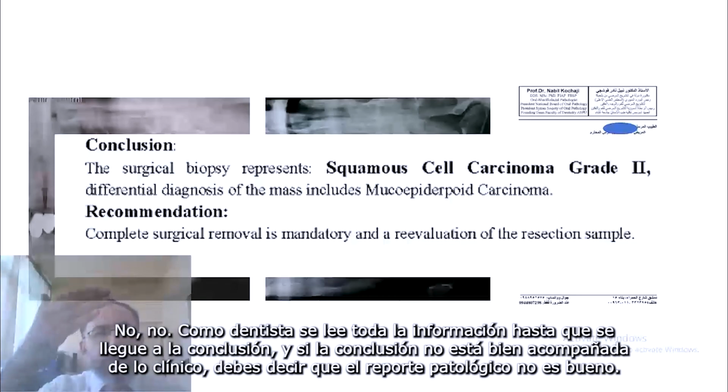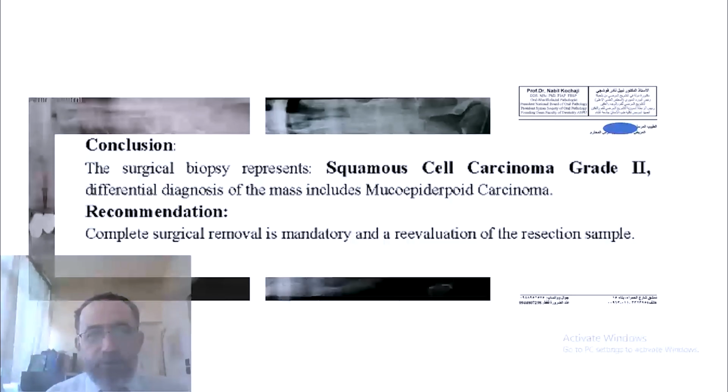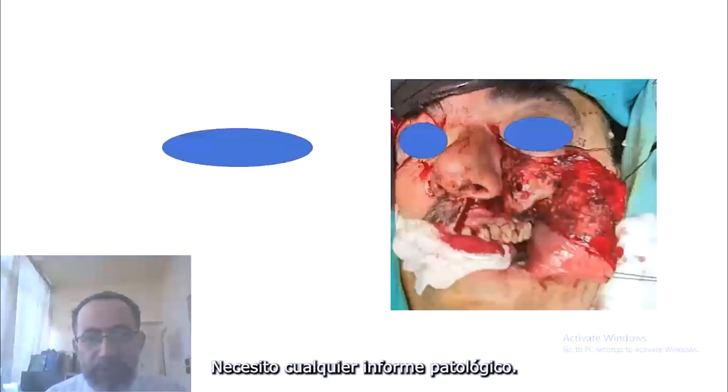No, no, no. You have to read all the news till you reach the conclusion. And if the conclusion is not well accompanied by the clinical findings that you have in your clinic, you may and you must say, this pathological report is not good. I need a new opinion. I need a new pathological report.